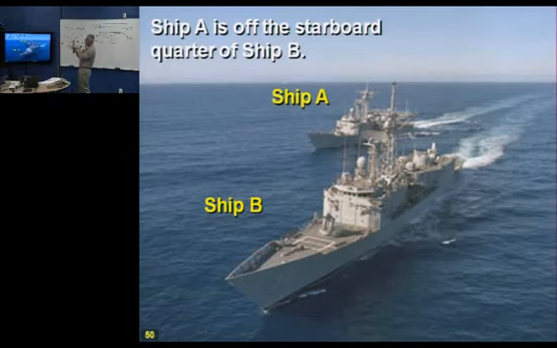So you're on the port side or the starboard side, either in the front quarter or the back quarter. So that's what they're saying: ship A is in the starboard quarter, because if I was on this ship, there's the pointy end of the ship, so I'd be facing forward, starboard side, and he's behind me, so he's in my starboard quarter.